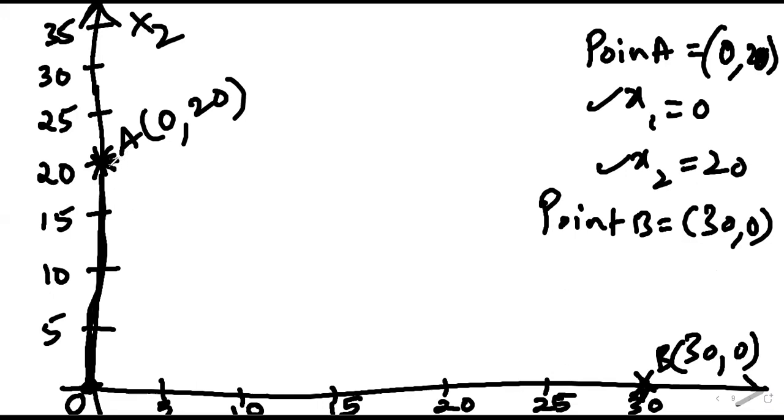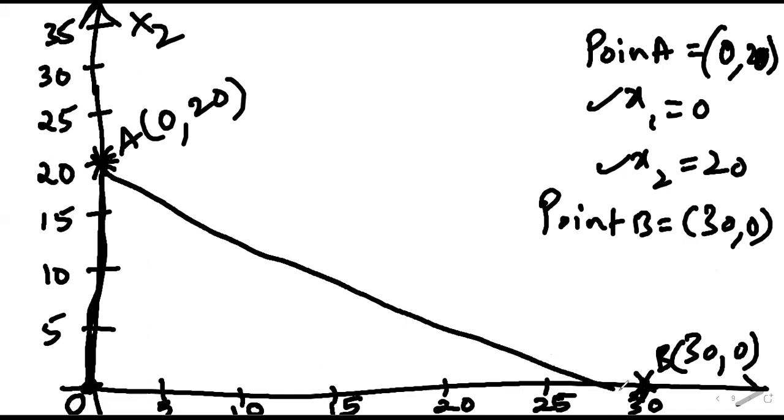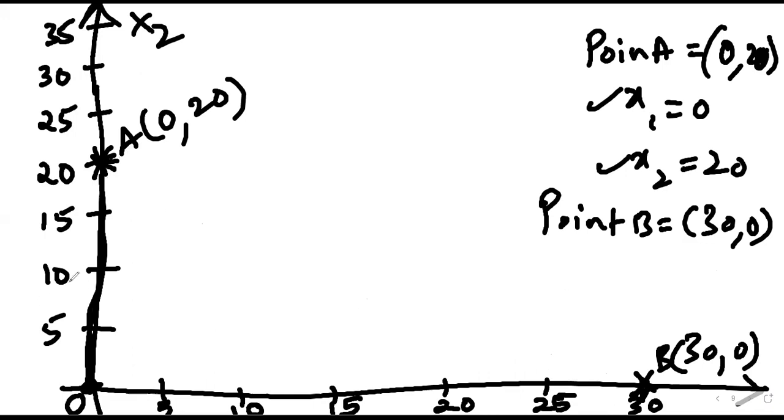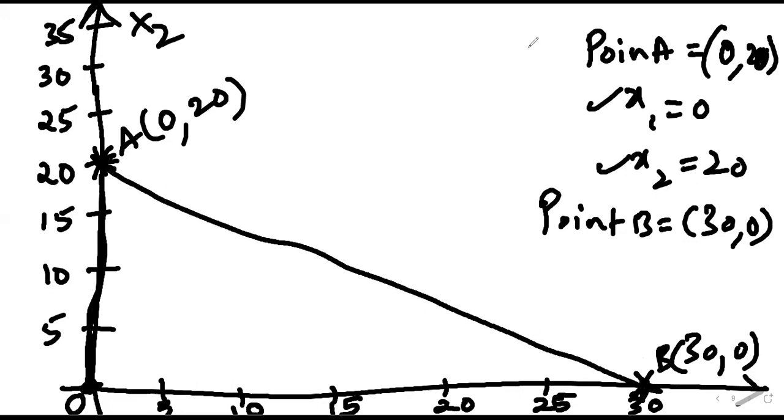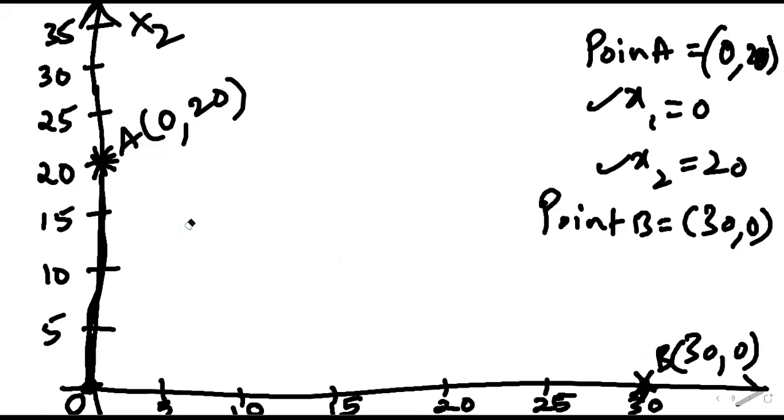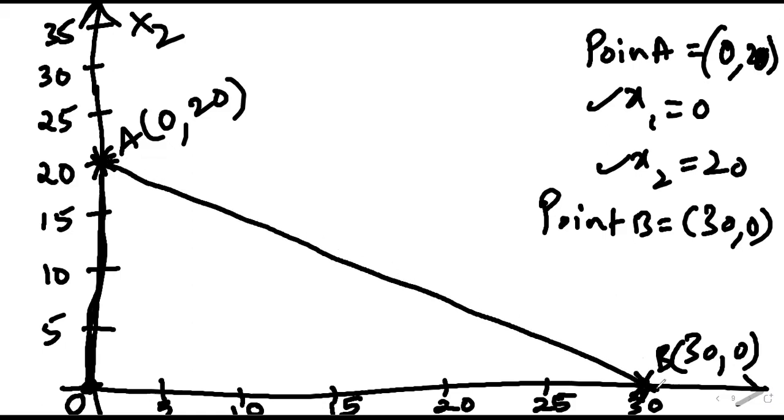Okay, now point A and point B have to be joined because they have come from the same equation. So we are supposed to join point A and point B. Why?